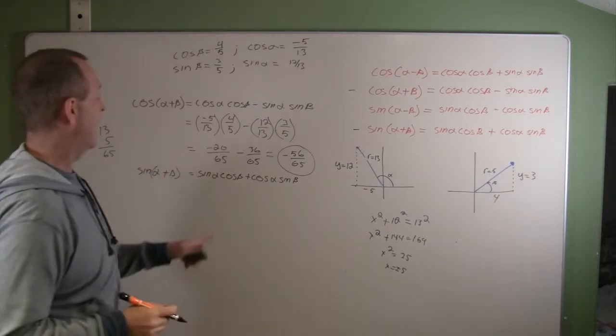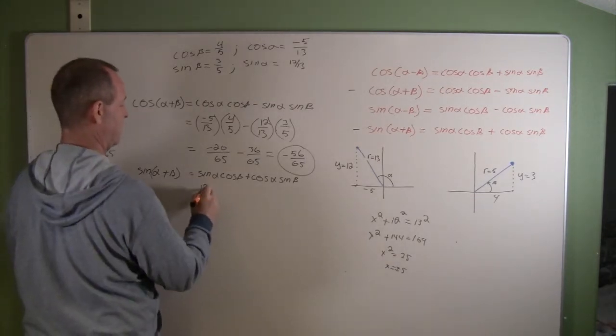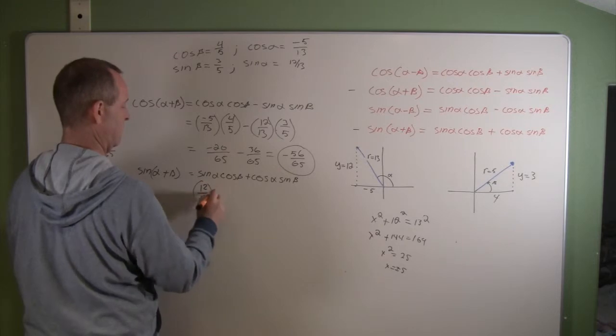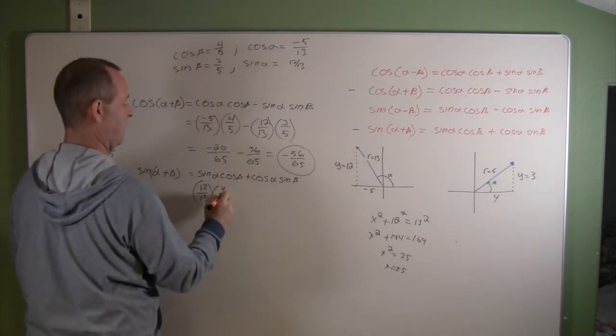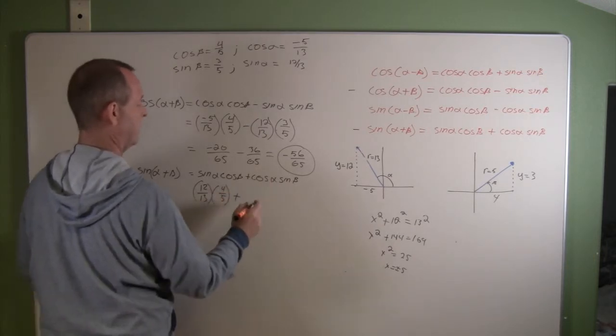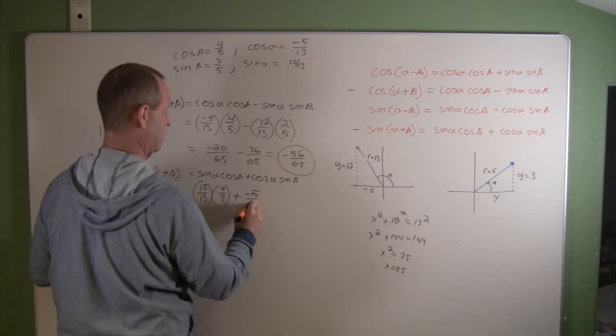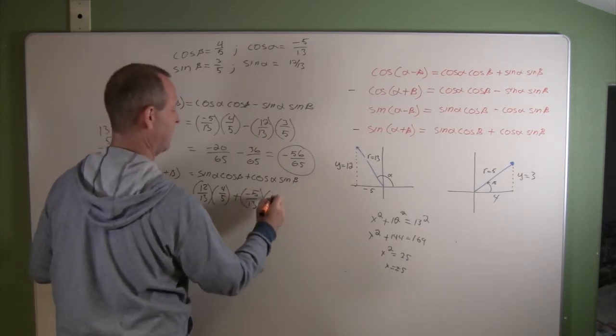There you go. The sine of alpha we already know is 12/13. The cosine of beta we discovered is 4/5. The cosine of alpha is minus 5/13. And the sine of beta is 3/5.